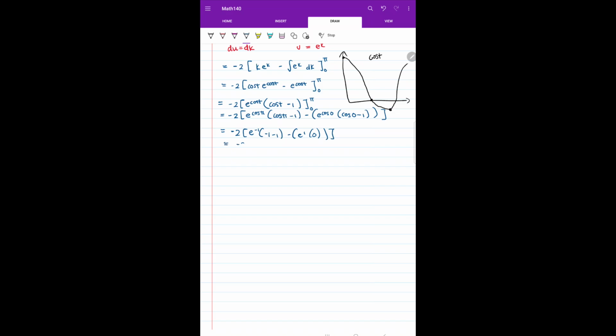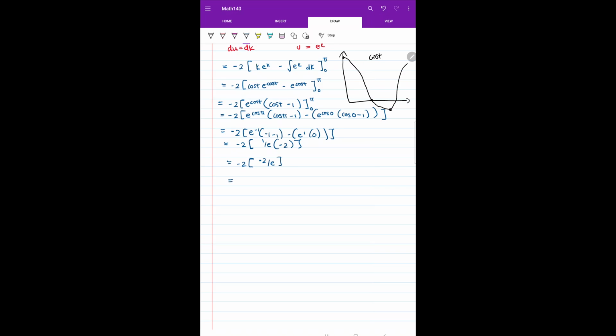And then we have minus 2 times e to the minus 1, that's 1 over e, times negative 2, that's going to be minus 2 over e.